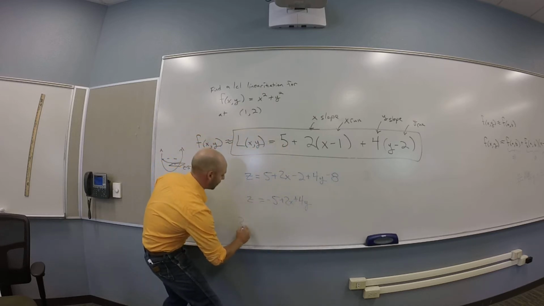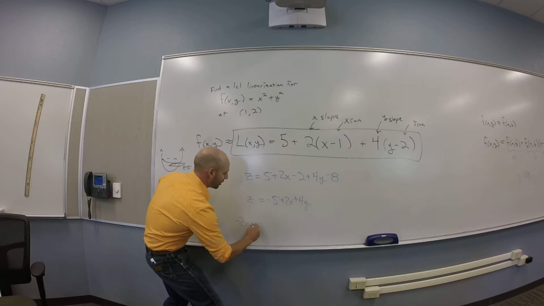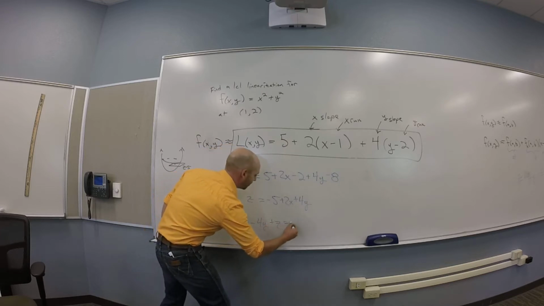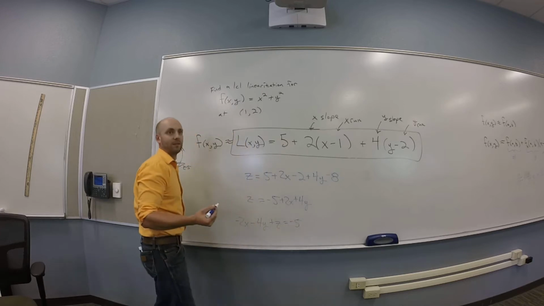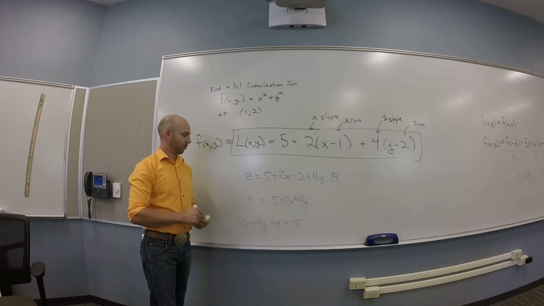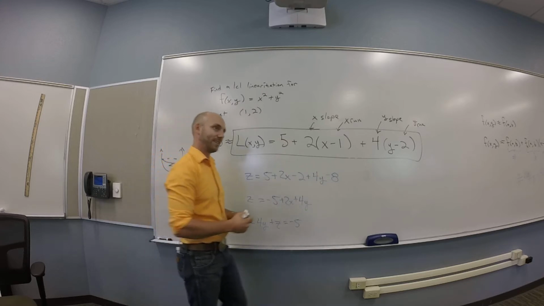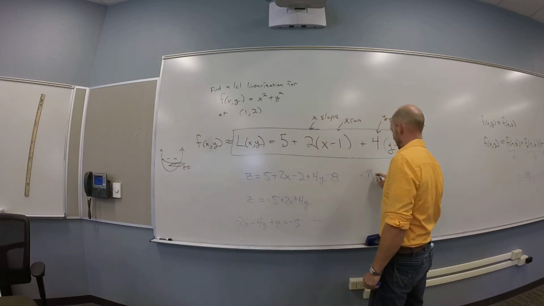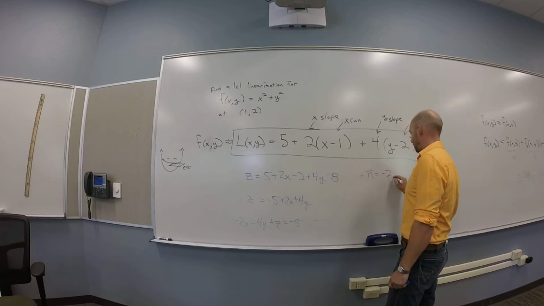So that would be -2x minus 4y plus z equals -5. You guys with me on this? Okay. What's the normal vector? -2, -4, 1.